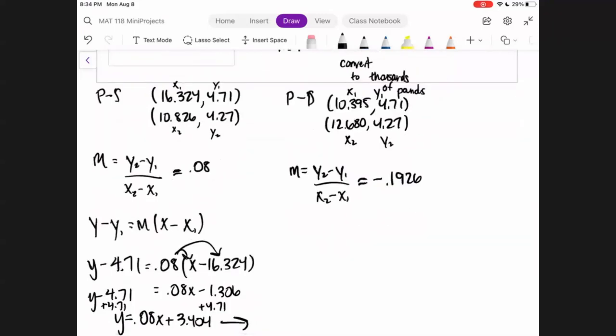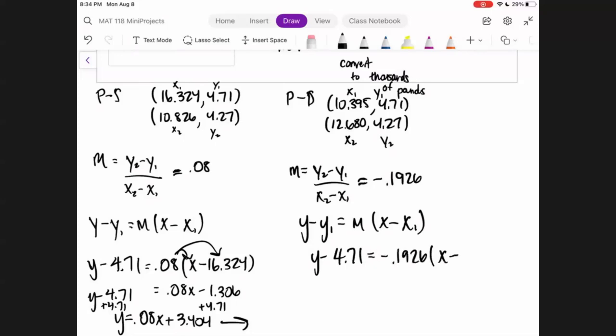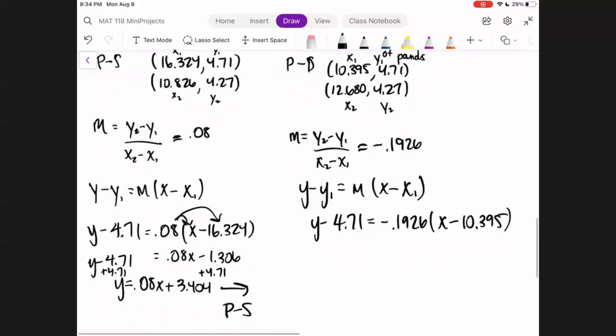So let's just plug everything in. So y minus y1 equals our m that we get times x minus x1. So y minus, use your y1 point, 4.71, equals negative 1.926 times the quantity x minus 10.395.